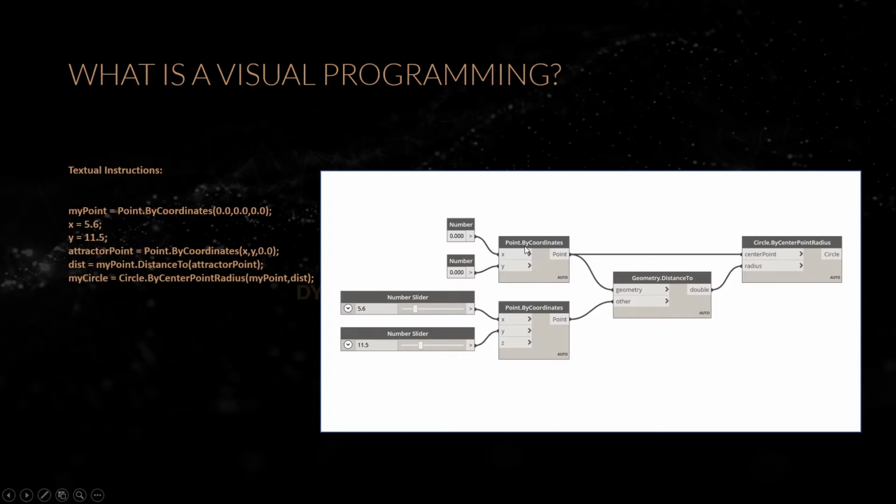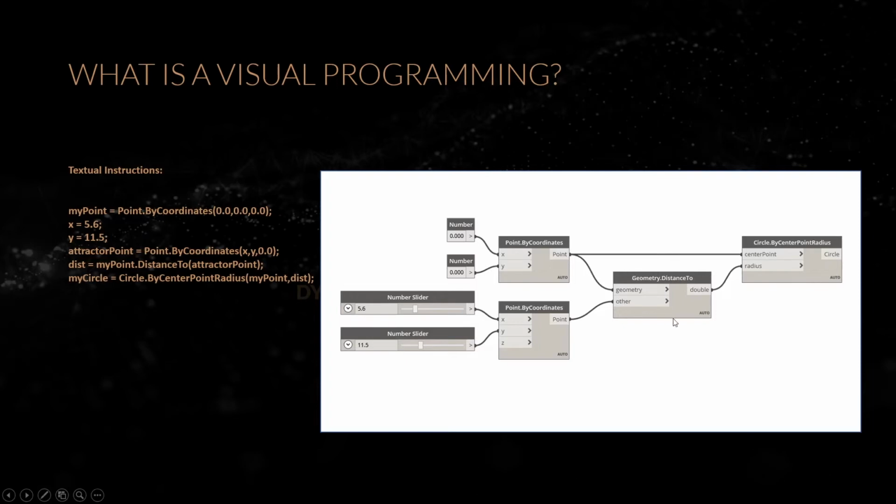Here we have the point by coordinates, that is my point, and we have here a point by coordinates with 2 inputs, only x and y, and we set that to 0, and you can see here we have all of this at 0. Then we have the point distance to.